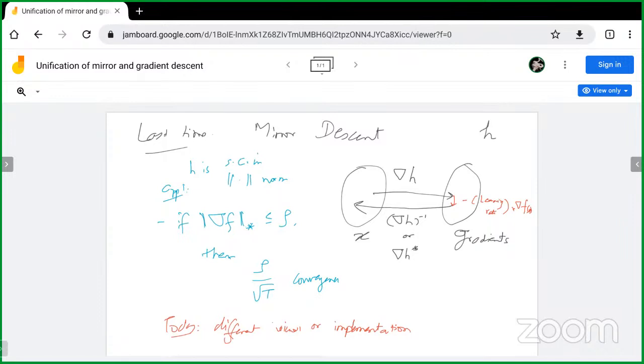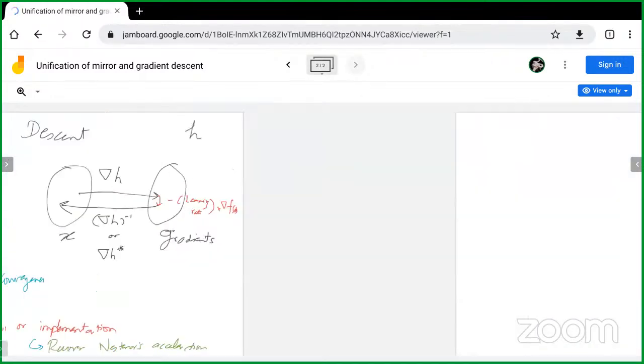So we'll see a different method. And specifically, we will use this to recover one of our old results, recover Nesterov's acceleration. So that's the plan. So hopefully this will also provide a better understanding of acceleration and gradient descent generally.